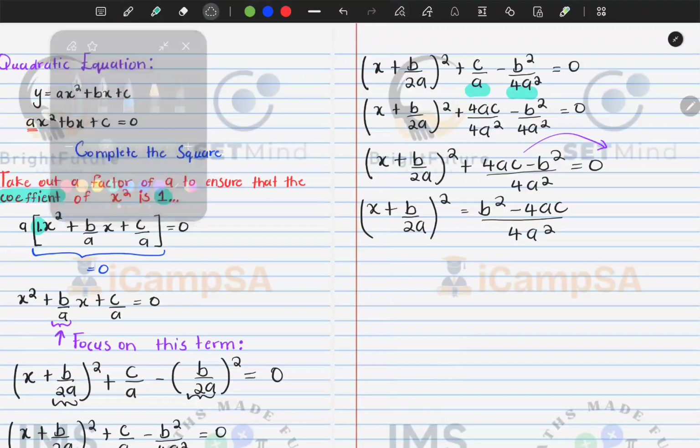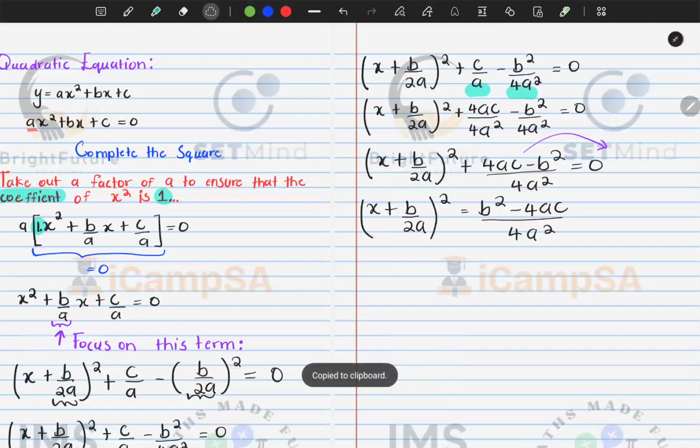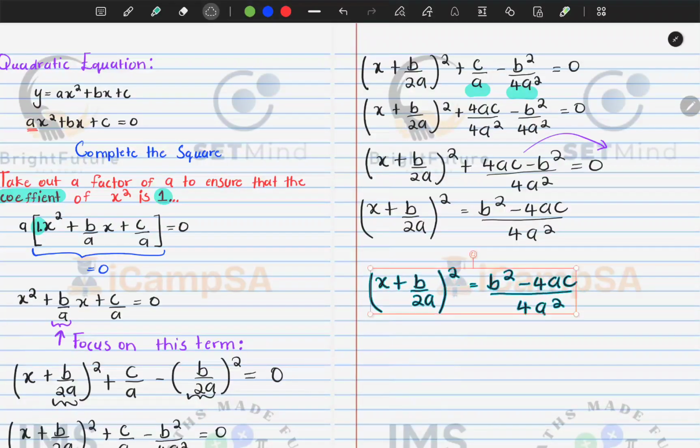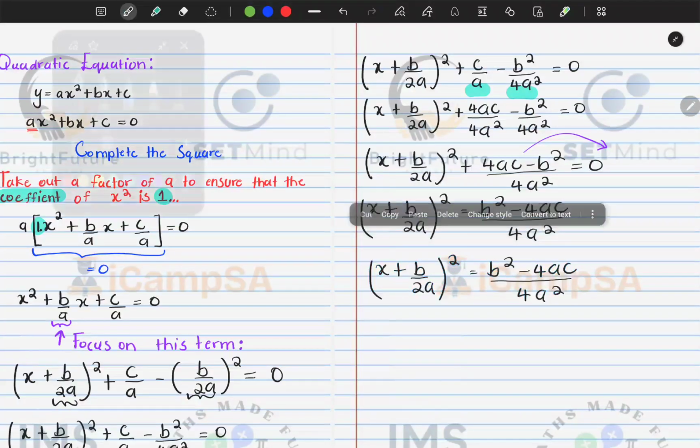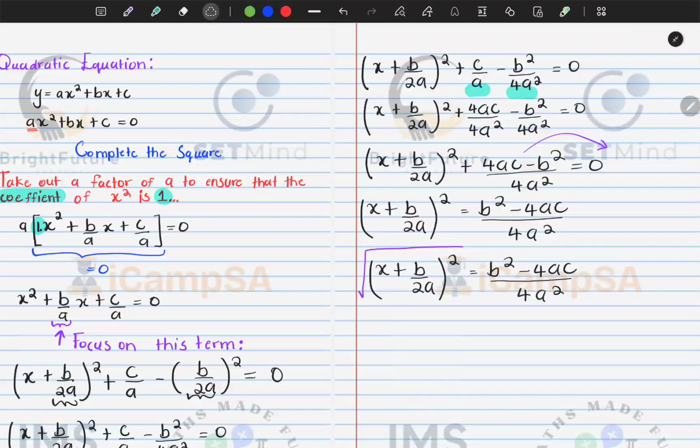And if you remember, if I now want to eliminate the square on the left-hand side, because we want to solve for x, it means I need to introduce a square root. And guess what? When we introduce a square root on the left, what we should also do is introduce another square root on the right-hand side.